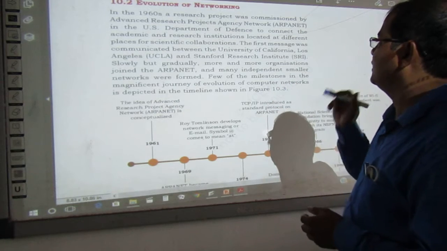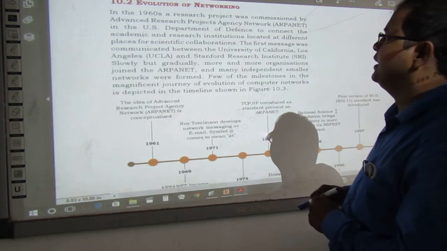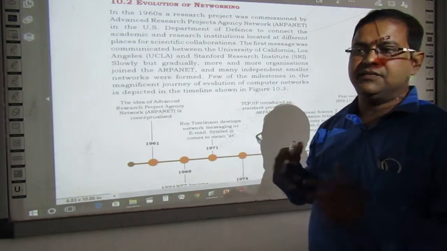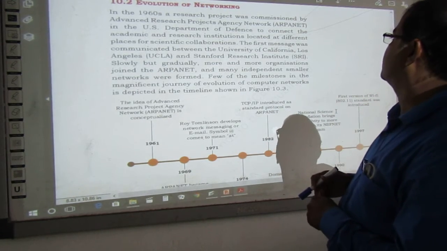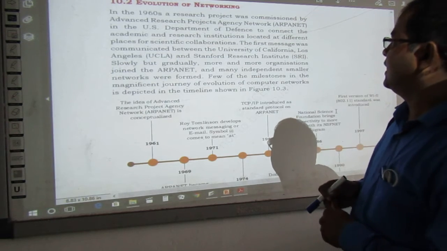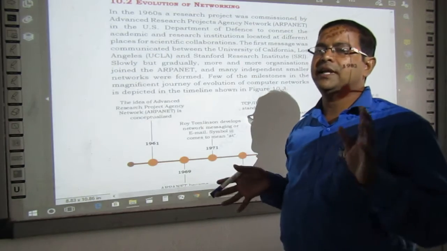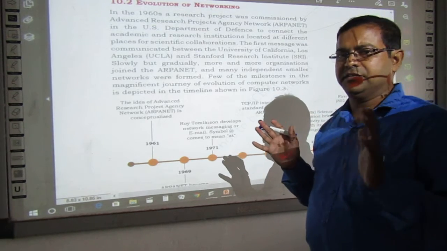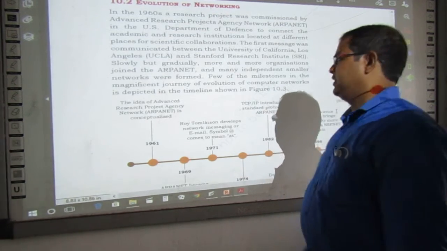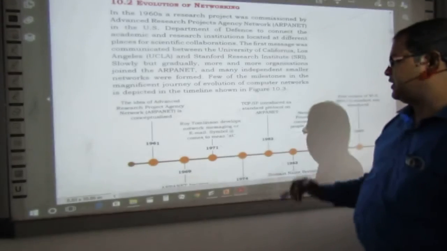First they initiated one project to communicate between research institutes like Stanford Institute and University of California, Los Angeles, and slowly many more small firms joined the network, and they formed one ARPANET network.